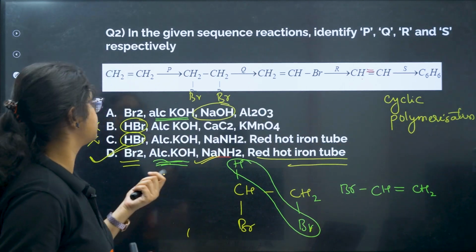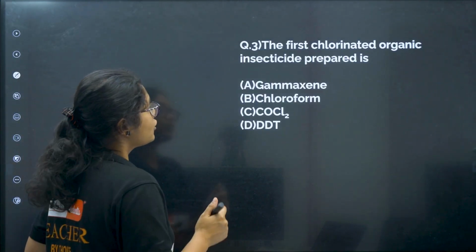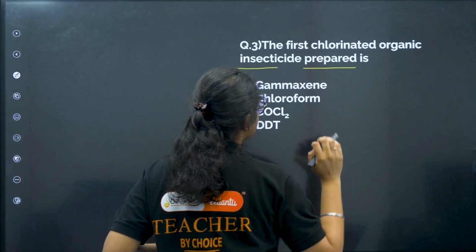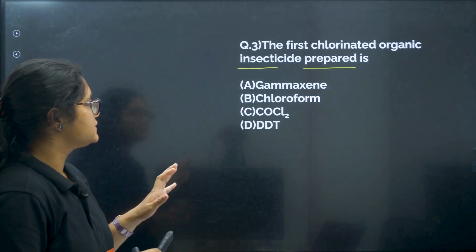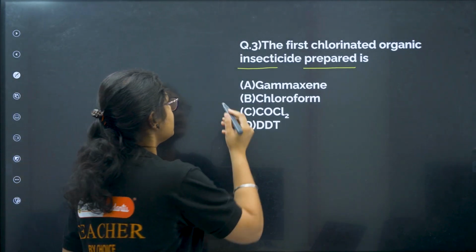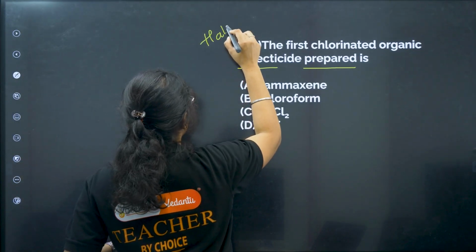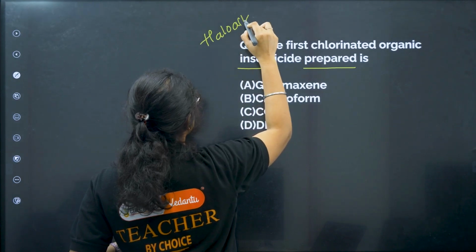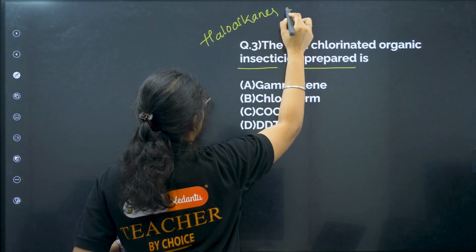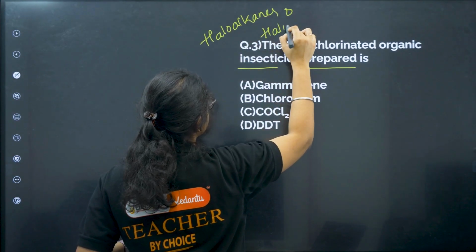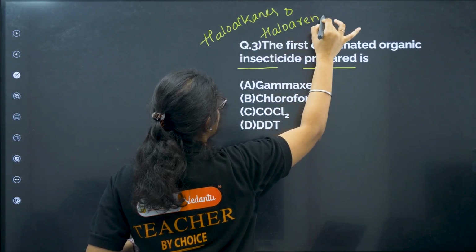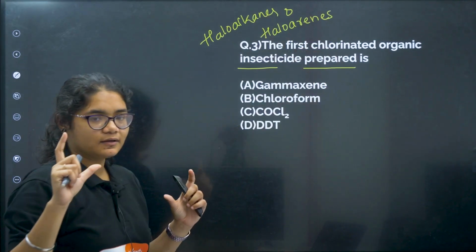Let us see the next question here. The first chlorinated organic insecticide prepared is, okay, so this is again from the chapter haloalkanes and haloarenes, right? So there is a topic under this chapter.